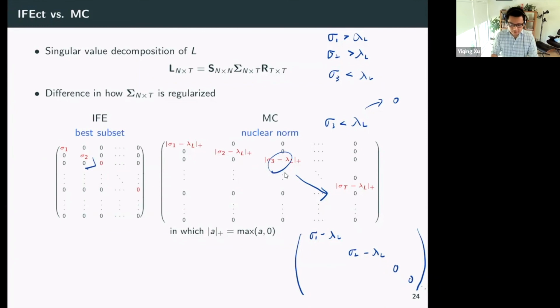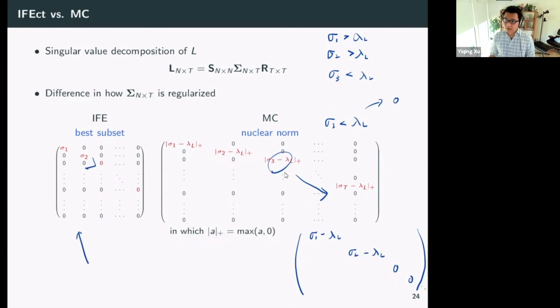As you can see from these two regularization methods, if the data are truly driven by a 2-factor model, the IFE approach will be unbiased, because there's no regularization on the first 2 factors. If it's truly a 2-factor model, IFE will be unbiased and consistent.